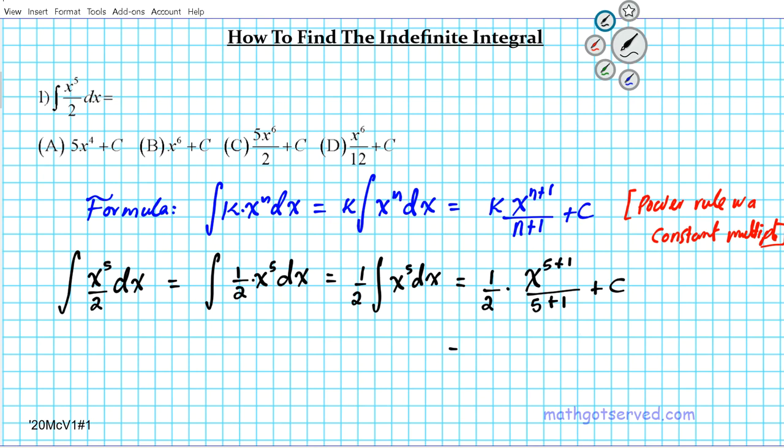We're going to have 1/2 times x to the 6th power over 6 plus c. Final answer is x to the 6th over 12 plus c. The answer to question number 1 is option letter D.